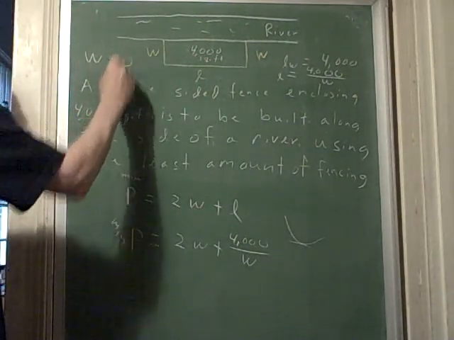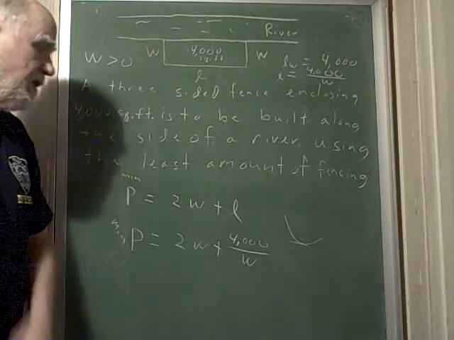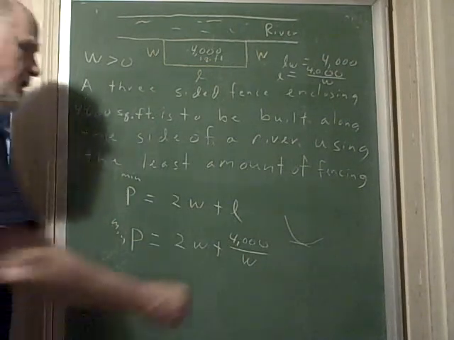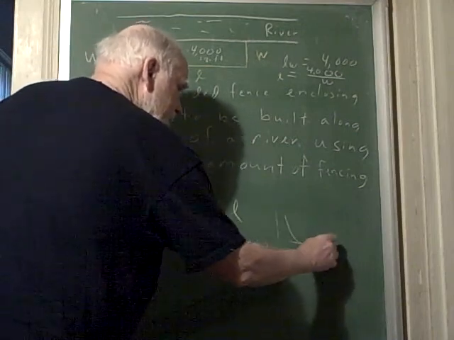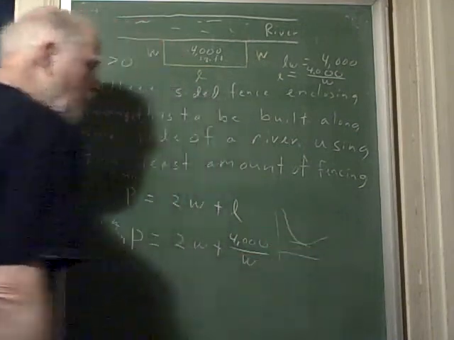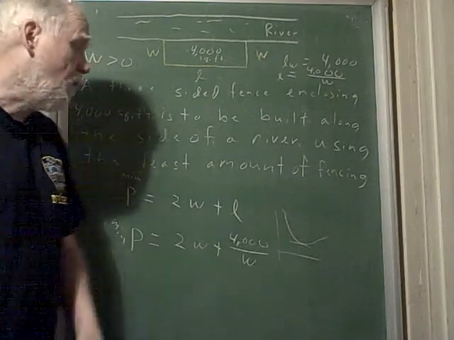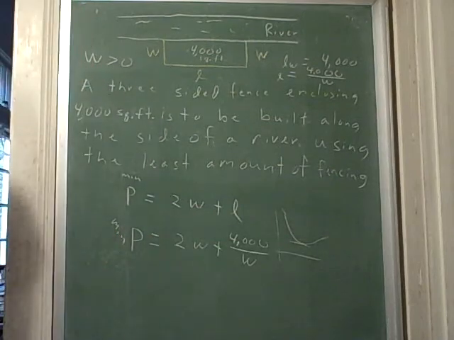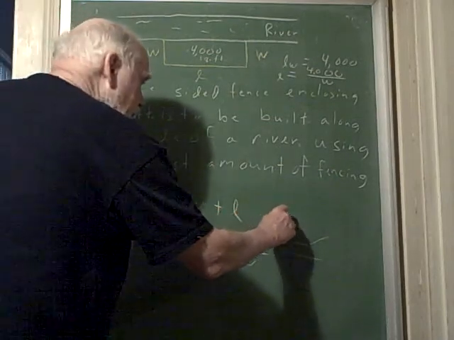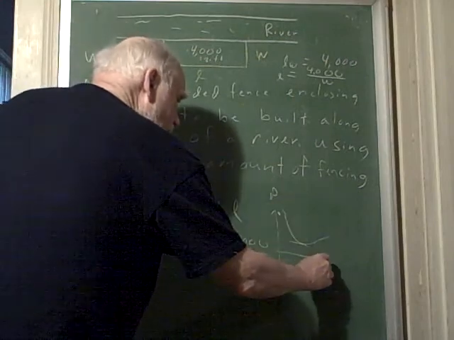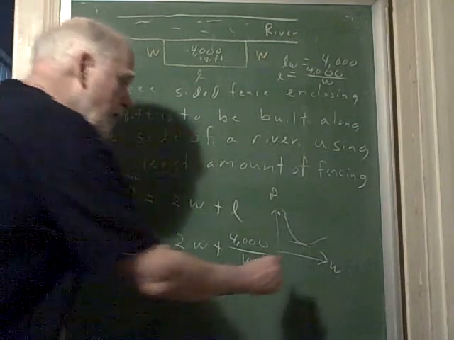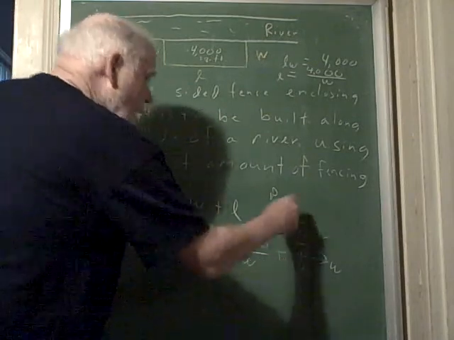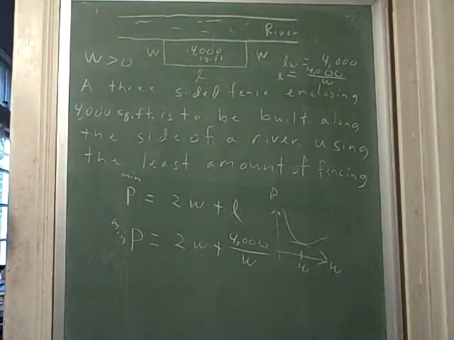In fact, W can't equal 0 because it would be undefined. So we suspect that we're going to have something from 0 on, and we're going to have a flat point there. In other words, the derivative is going to be 0 wherever we have the minimum amount of perimeter. If this is P and this is W in our little graph, we're looking for this point W that'll give me the smallest perimeter.